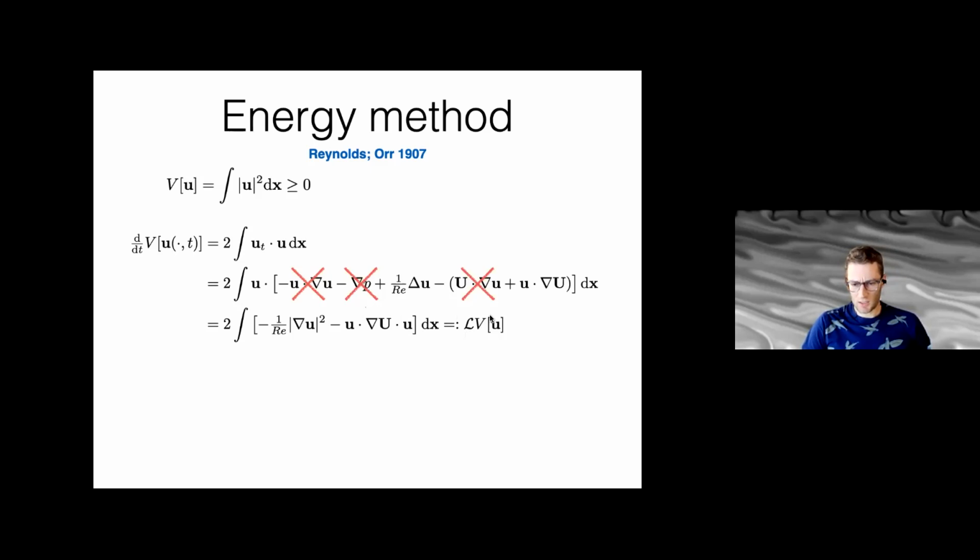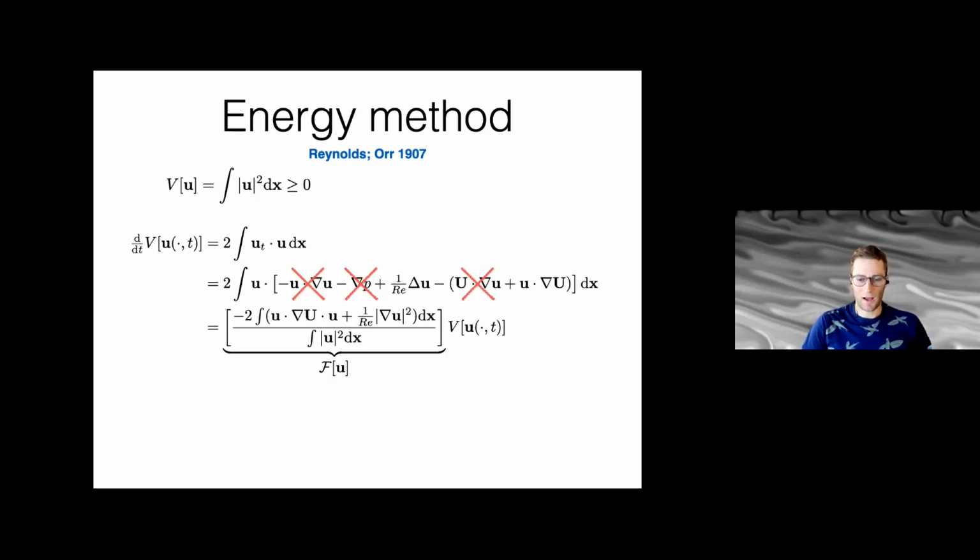And in the present case, let me just multiply and divide by V, so I can say that I have this functional f of U multiplied by V. And of course, f of U is bounded above by its maximum value among all admissible spatial functions. And this is where a variational problem comes into the analysis.